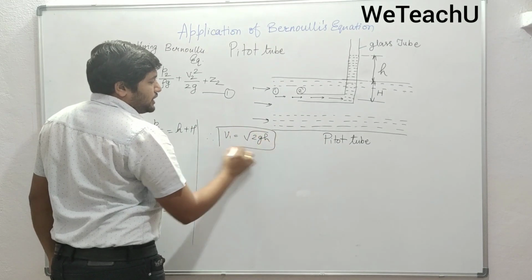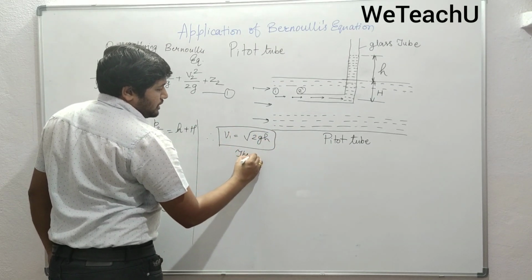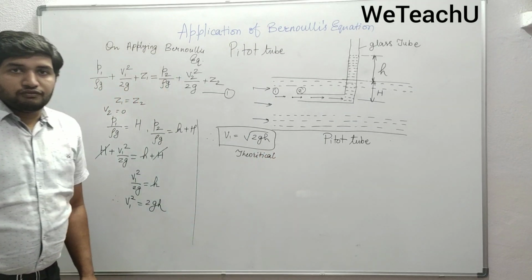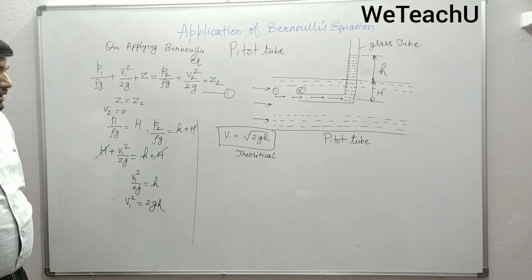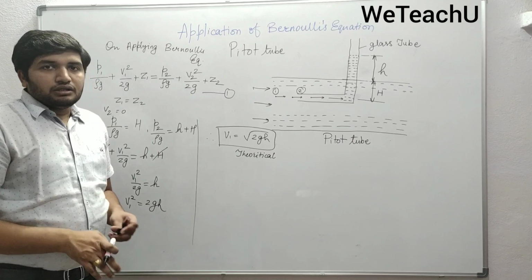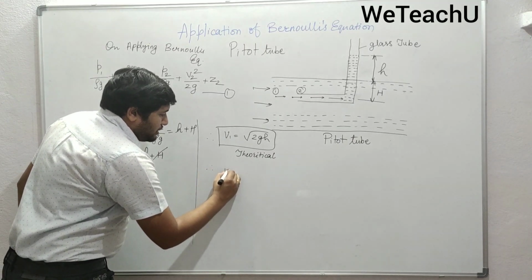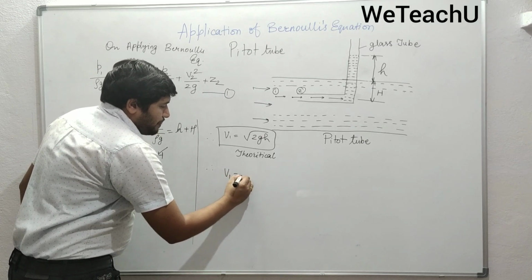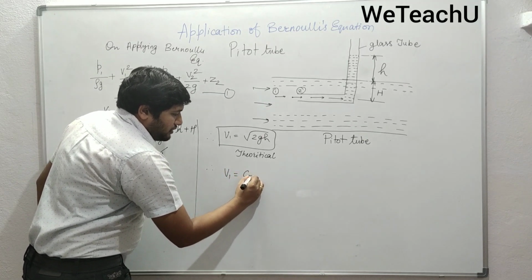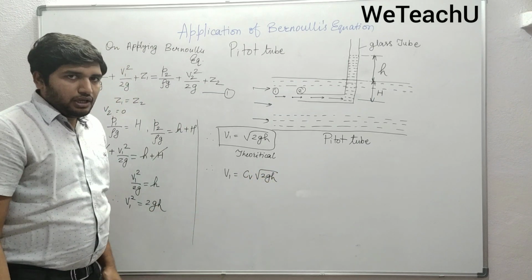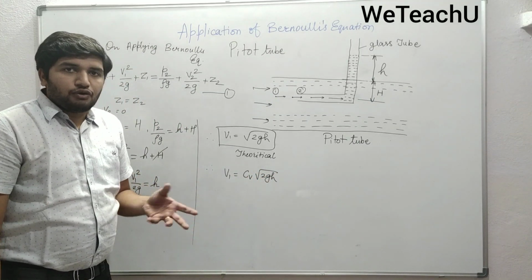So this is the theoretical velocity of a flow in a pipe or a channel. But if we consider the actual velocity, then we have to define V1 actual is equal to Cv under root 2gH. Okay, so now Cv is the coefficient of velocity.